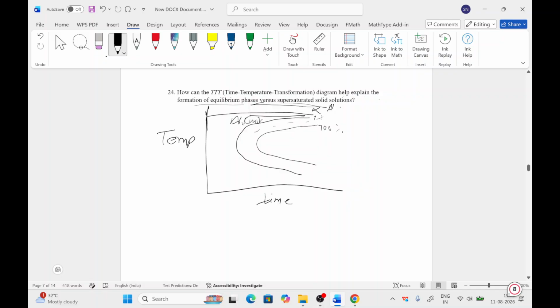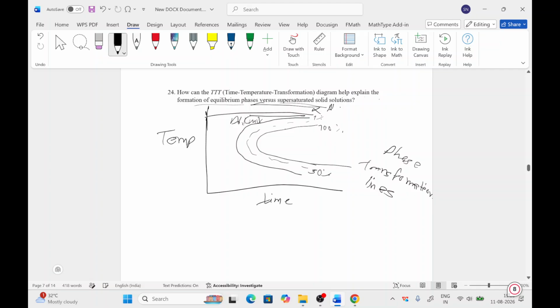Somewhere between is the 50% line. So these are the phase transformation lines.